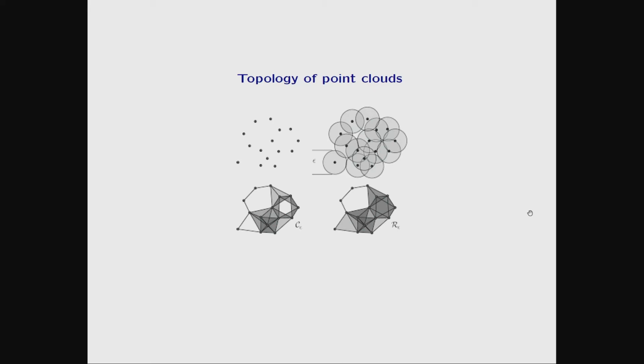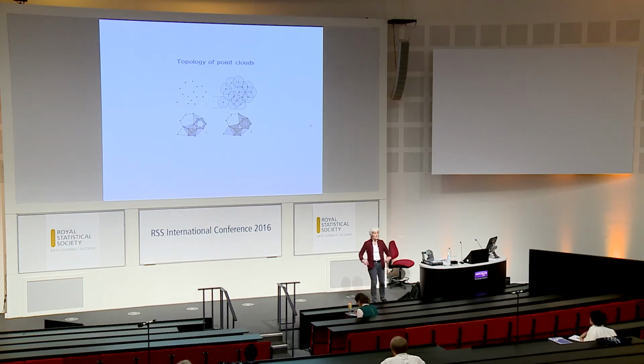And indeed, in a moment, I will have to think about taking a choice for all epsilon at the same time. But let's keep that for a later slide. Right now, I'm just having one epsilon, and I consider all these balls, and the union of these balls gives me a shape that I can think of as representing this data point cloud.